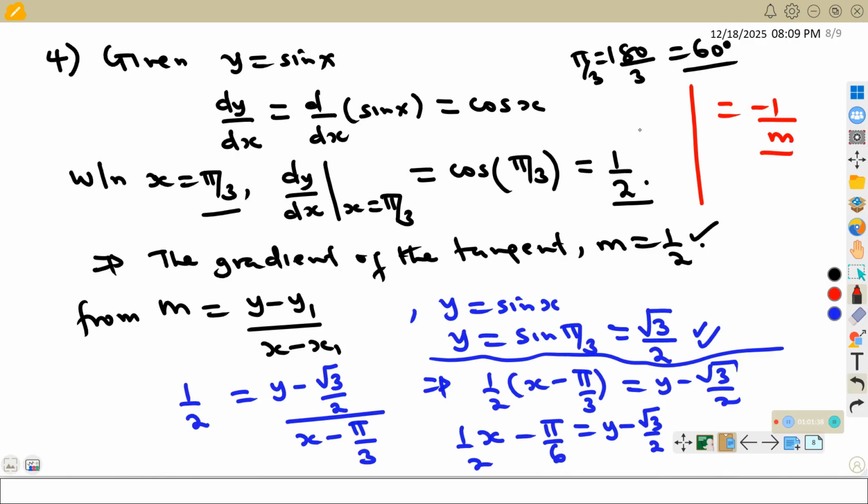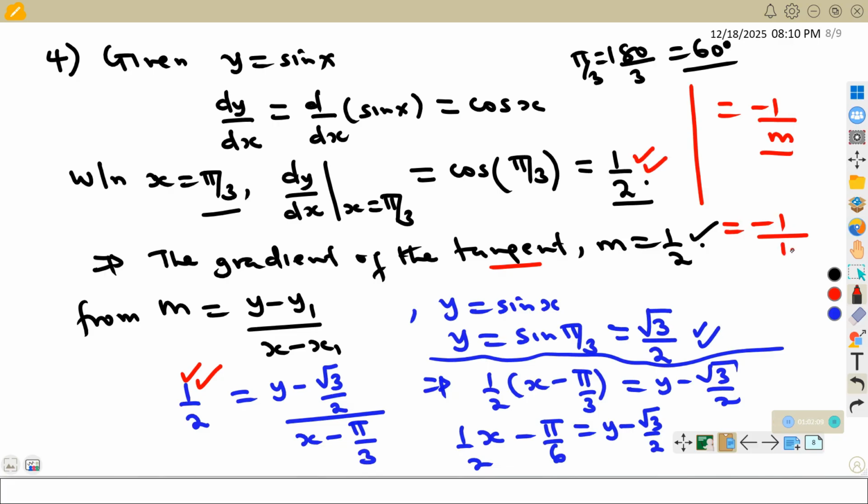That is how we obtain the gradient of the normal that you will substitute here. So for this case, after getting dy/dx, we would go on and get the gradient of the normal, which is -1 divided by the gradient of the tangent that you have obtained here.